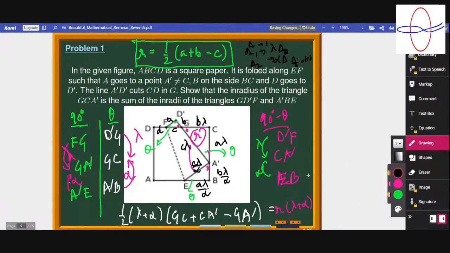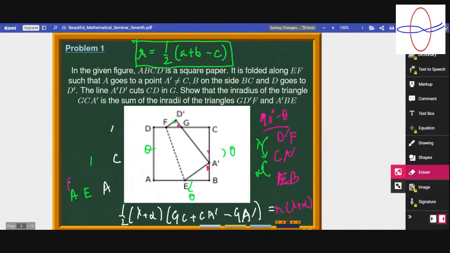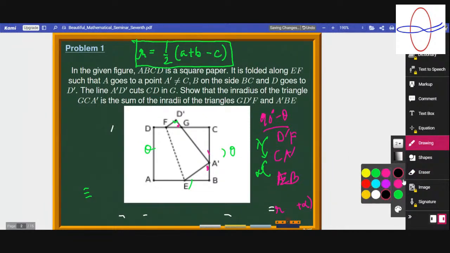Let's rub all this out and write it again. A, B, C. This is C lambda.